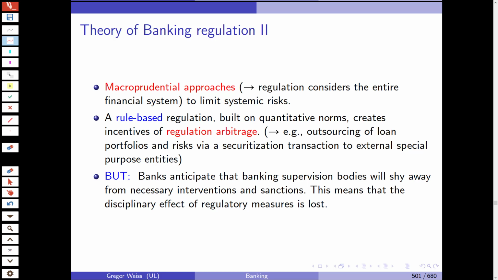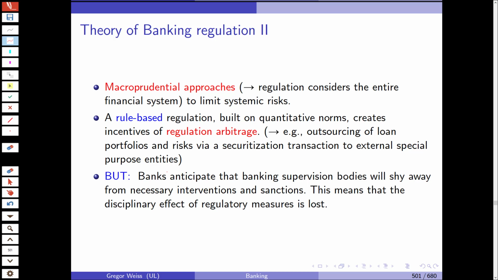No one, not really at least, not at this level, looked at the macro-prudential implications of one bank defaulting and maybe infecting other banks. And macro-prudential regulation is regulation that looks at the entire financial system in order to limit systemic risks.